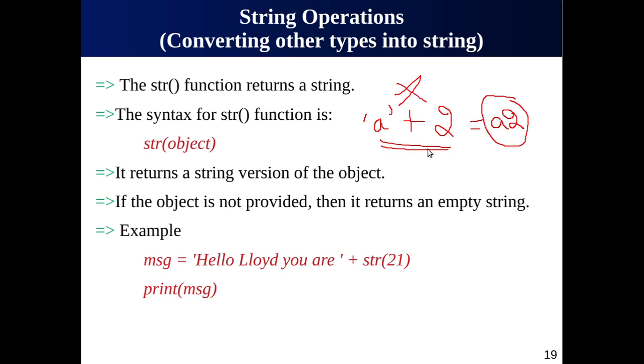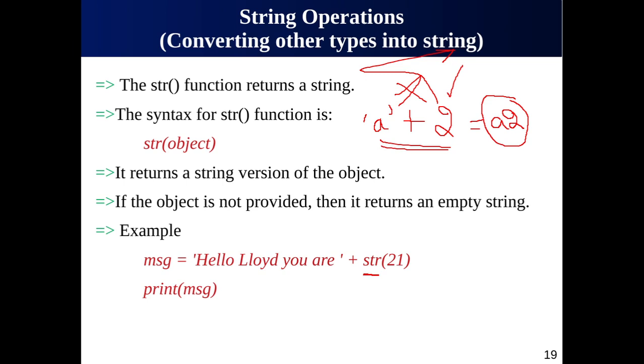But there is a solution. And the solution is to change this integer type into a string. And this is possible with the help of a built-in method known as str. To concatenate a number such as 2 with a string such as a, you must convert it into a string. And this can be done with the help of the str function.